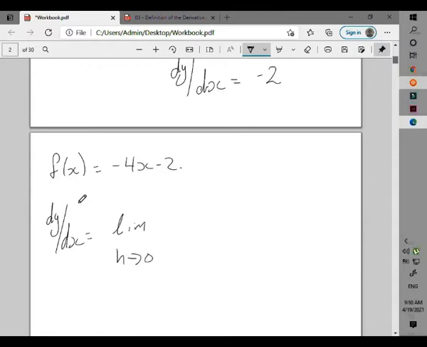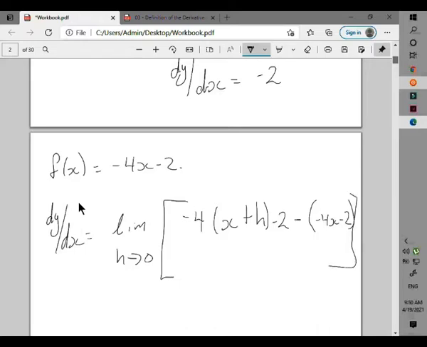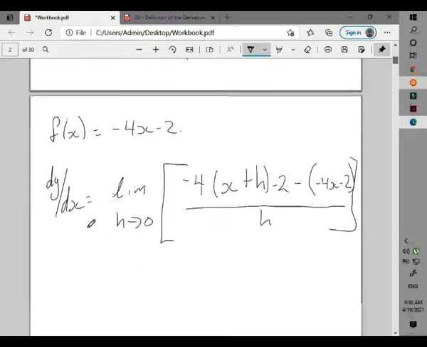So whenever it's f of x, I'm using h. So writing this out, I'll have minus 4 of x plus h minus 2, subtract, open bracket, minus 4x minus 2, close bracket. And this is all being divided by h.